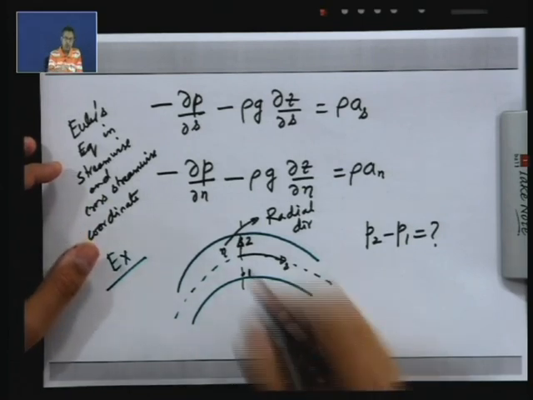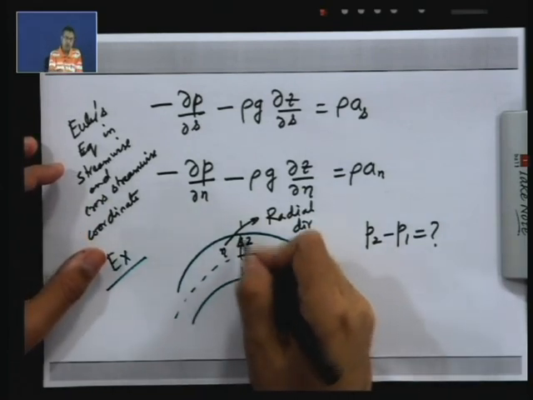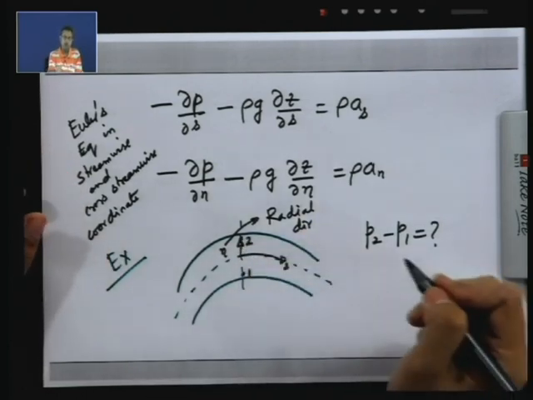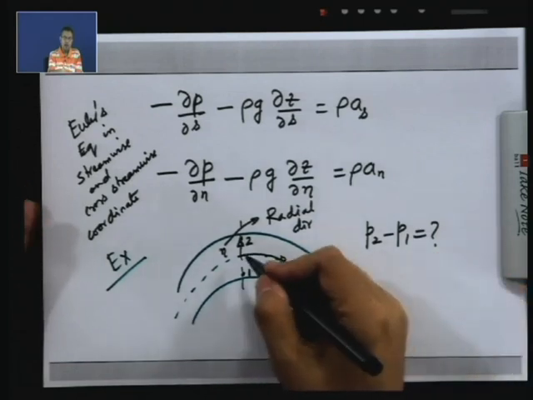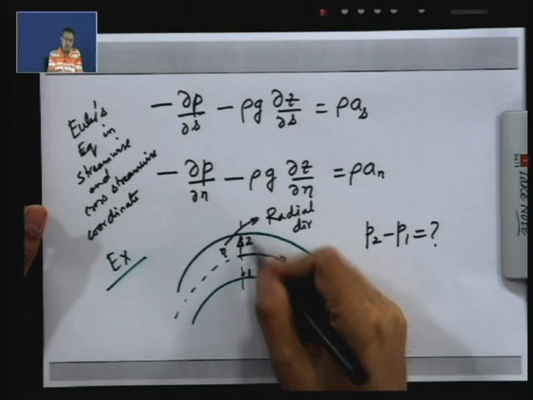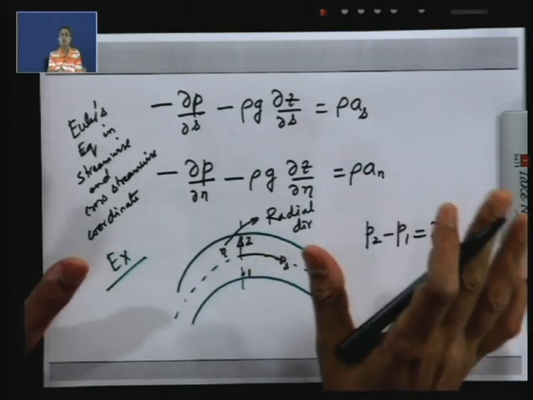Now we cannot straight away apply Bernoulli's equation between the points 1 and 2, or Euler's equation between the points 1 and 2, if we are not considering that points 1 and 2 are located on the same streamline.